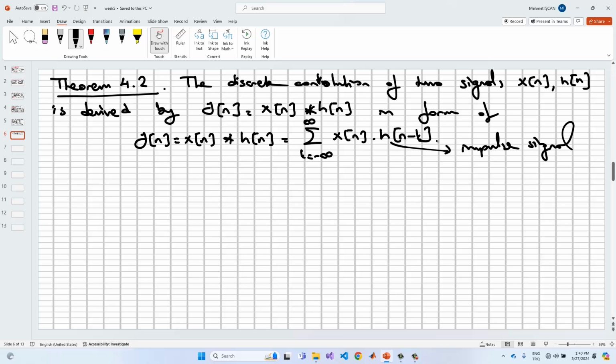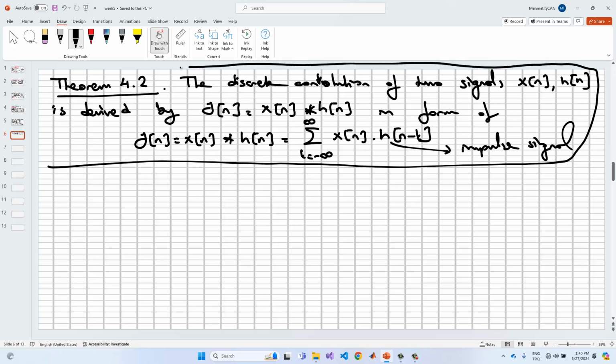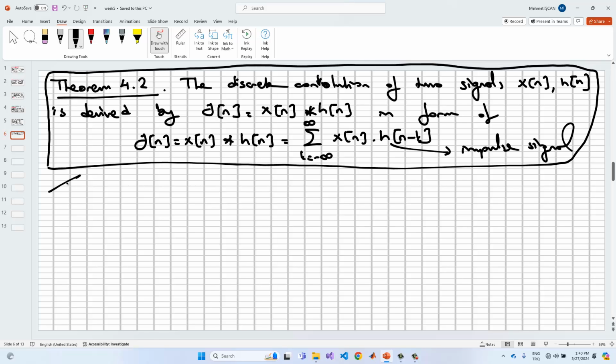In the discrete domain, we have a one-line form, okay? And so we can easily write this sequence to define the discrete-time convolution. In the example, just assume that x[n] is equal to 1, 2, 3, and h[n] is considered as 1, 1, 1.